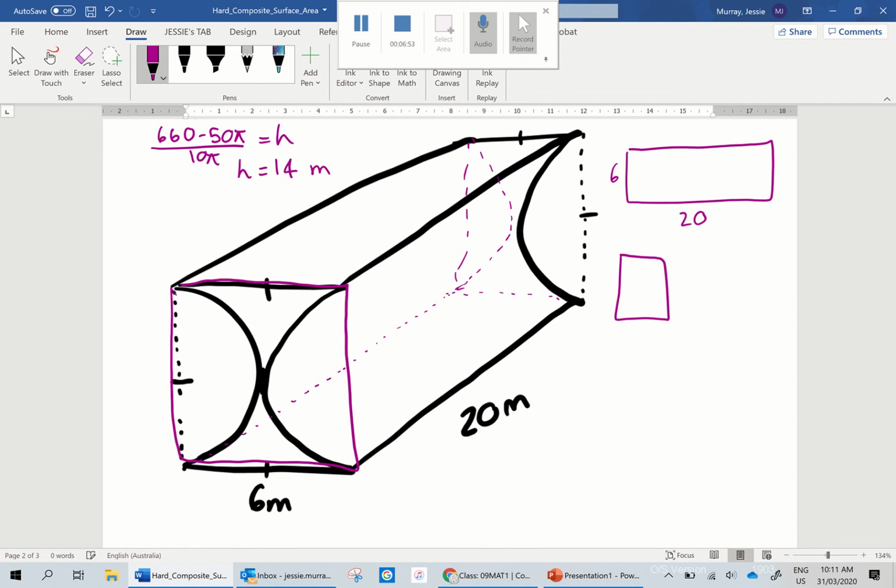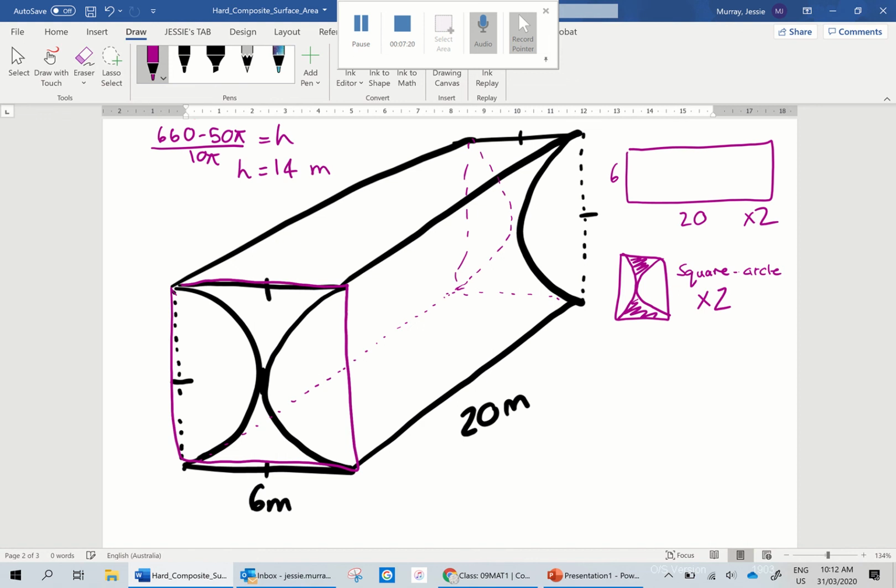But what happened was they cut out 2 semicircles, which makes, we know, 1 whole circle. So I know that I need to do the square, and this is perfectly fine to write, minus 1 whole circle. And why is it 1 whole circle? Because there's 2 semicircles there.